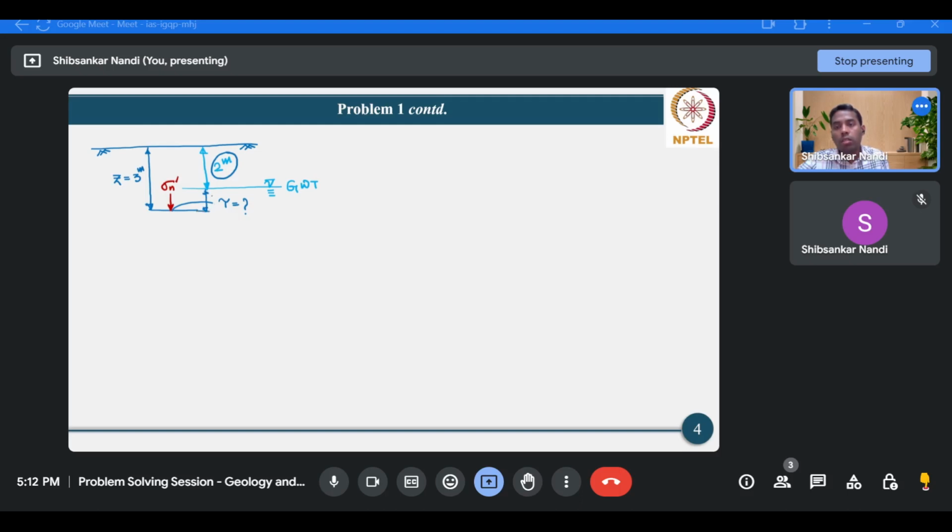So this is the remaining 1 meter. So gamma D, for 0 to minus 2 meter, your gamma D is mentioned as 18 kilonewton per meter cube.